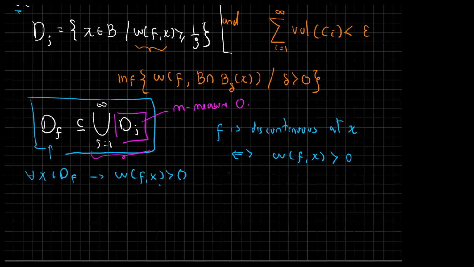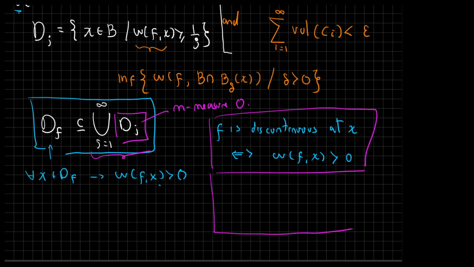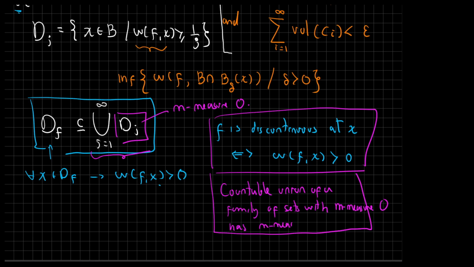This is a property, let's highlight it here: the countable union of a family of sets with measure 0 has measure 0.